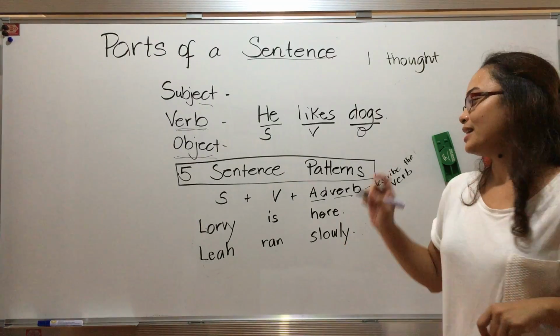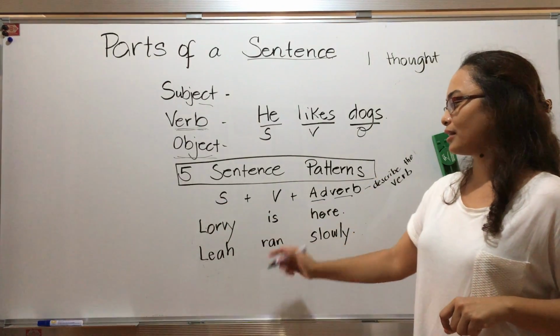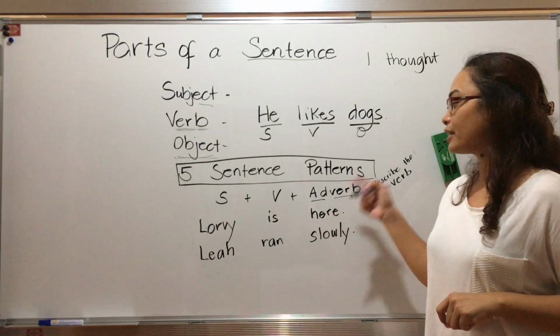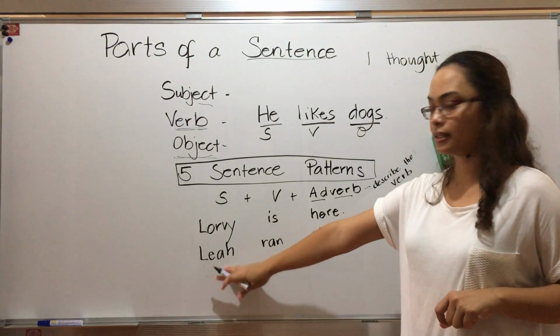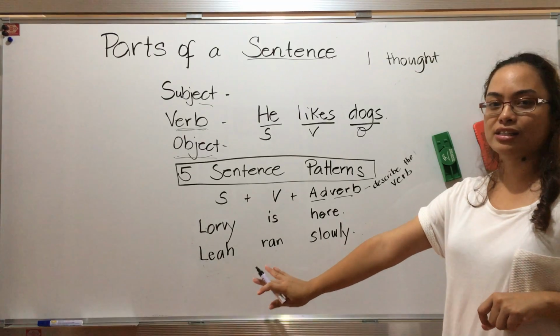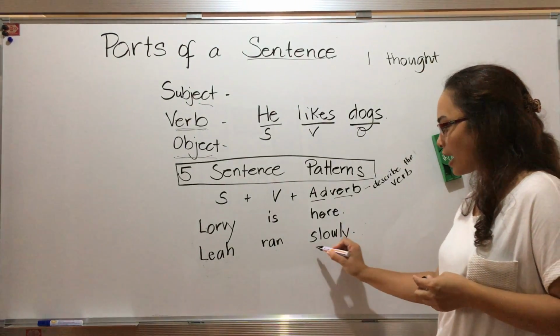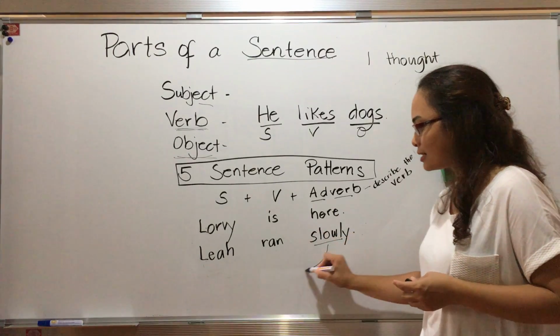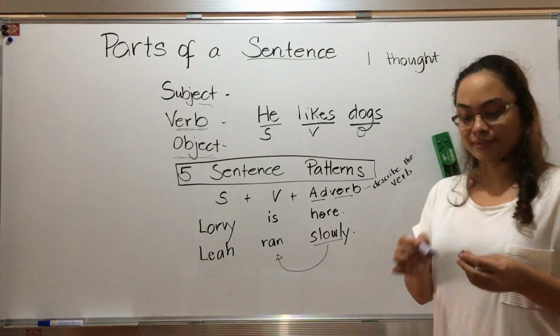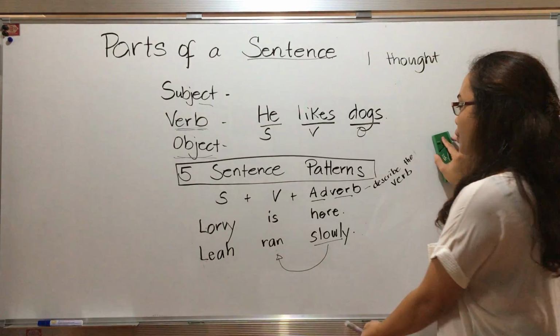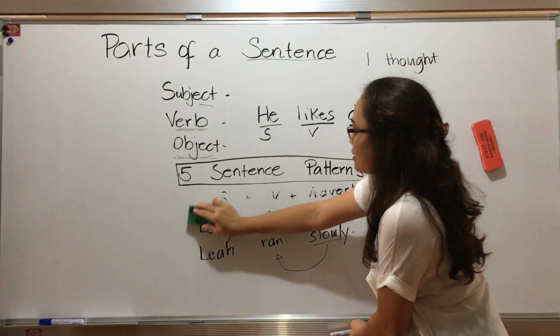So Lorby is the subject, is the verb, here is the adverb. And then Leah is the subject. Ran is the verb this time. And slowly, it will describe how Leah ran. See? Okay? That's for our fourth sentence pattern.